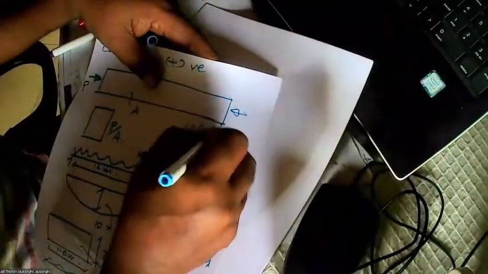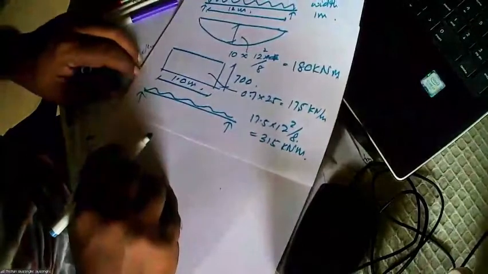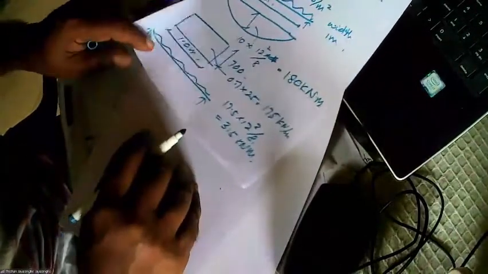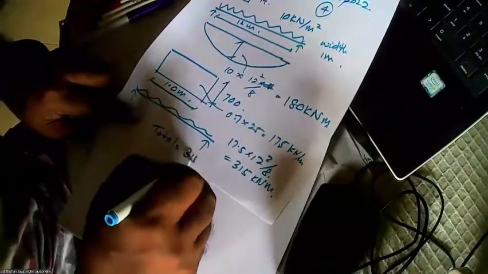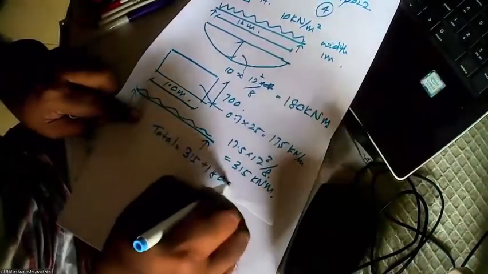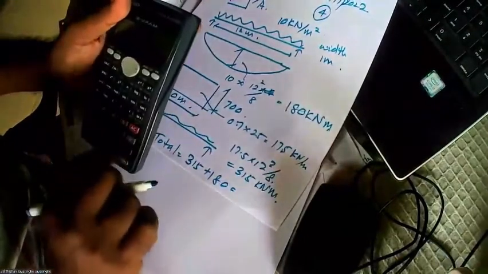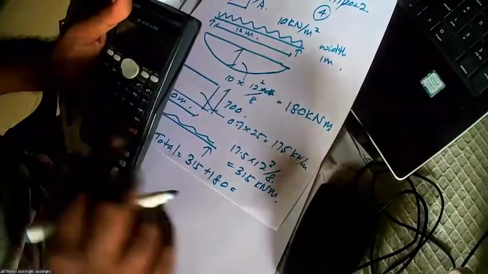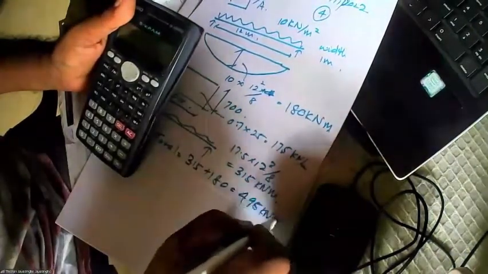So the moment is this one. Okay. So we have a total moment: the dead is 315 plus 180. Total moment is 495 kilonewton meters. I'm not worrying about the factors of safety, so I'll just do it this way.